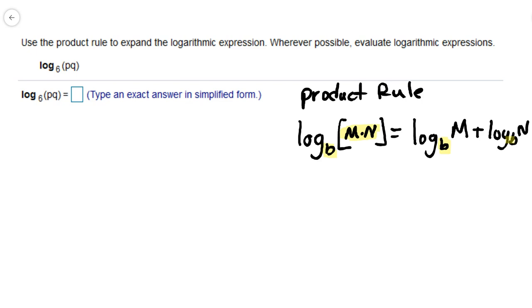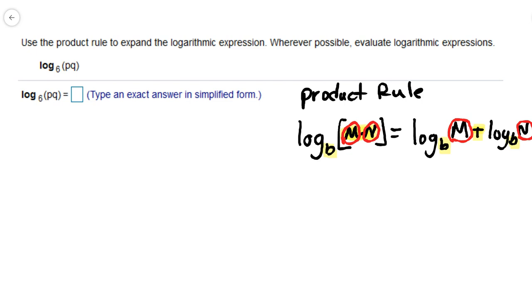Once again, using the same base. So because I have a product, I can write this as the sum of two individual logs. The first factor is inside the first log, the second factor is inside the second log.